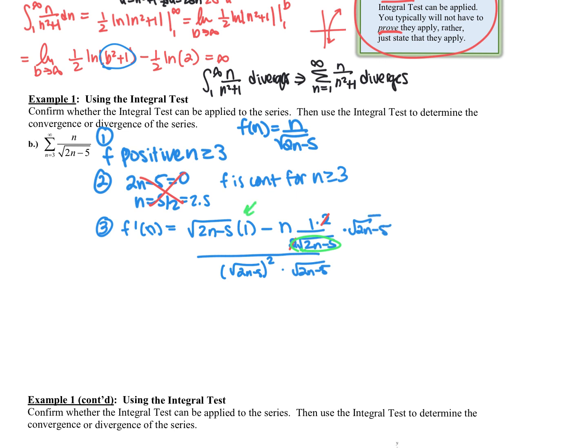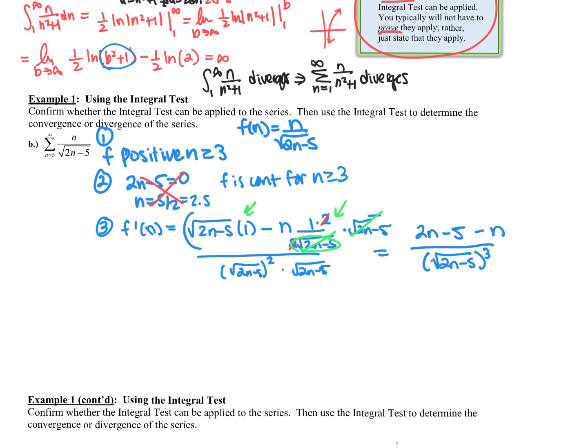Multiply this by the square root of 2n minus 5, and you'll just have 2n minus 5. Then multiply this other term by the square root of 2n minus 5, and that will go away, and you'll just be left with n. And then the bottom will have square root of 2n minus 5 cubed.